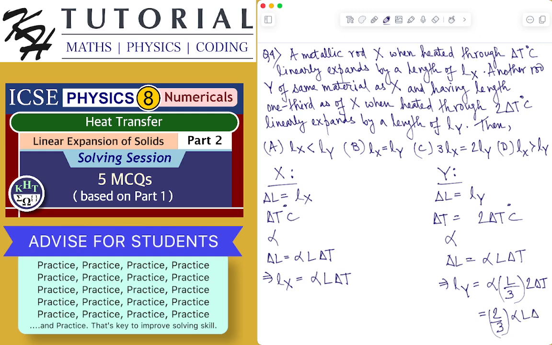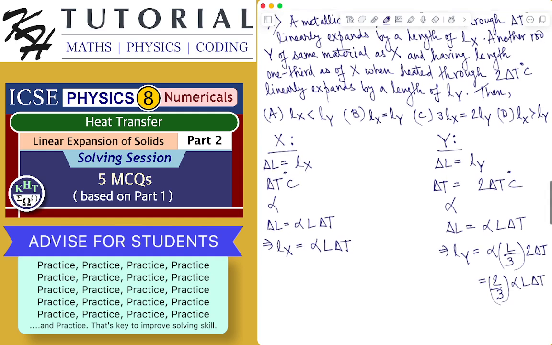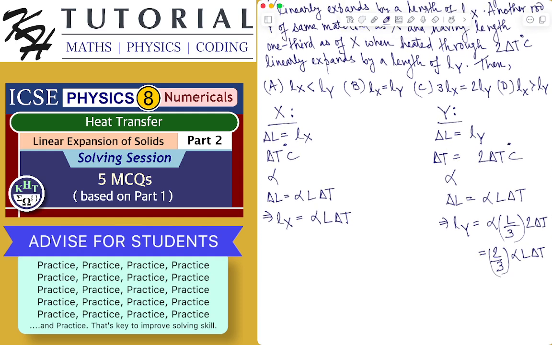After simplification, we have Ly equal to 2 by 3 multiplied by alpha L delta T. Now if I take the ratio of Lx and Ly, Lx divided by Ly is alpha L delta T divided by 2 by 3 alpha L delta T. This is equal to 3 by 2.